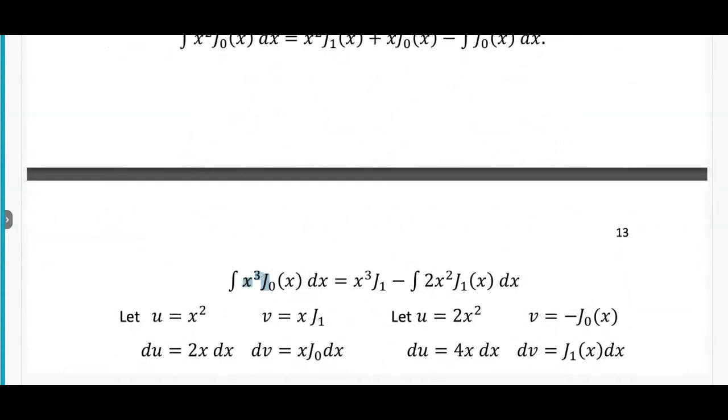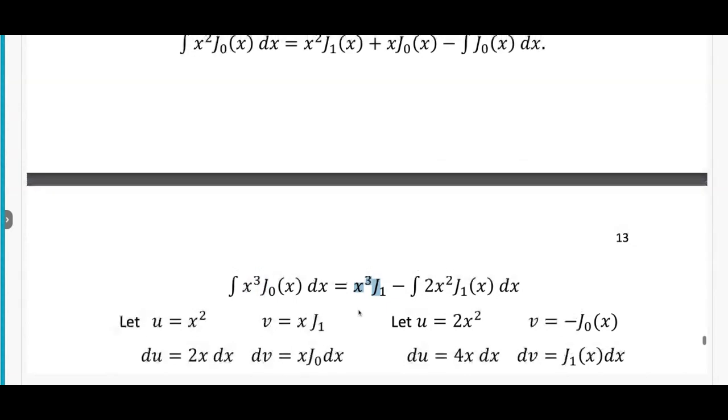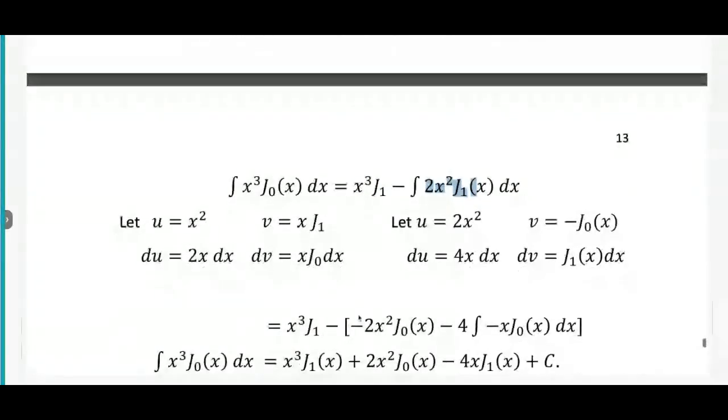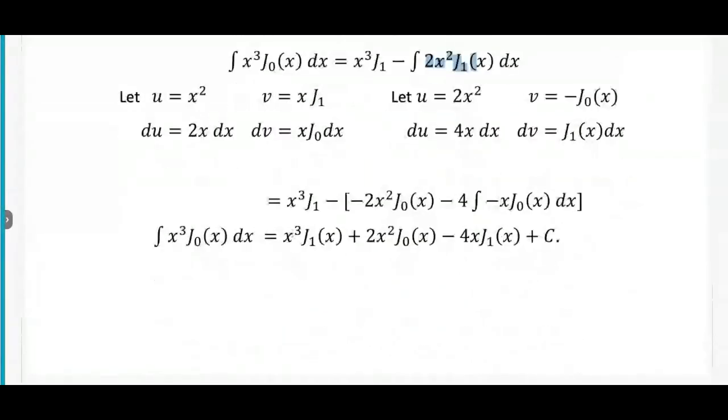For x cubed in the integrand, we get x cubed J1 minus the integration of 2x squared J1(x) dx. Same thing. In the end, after the calculation, we get x cubed J1(x) plus 2x squared J0(x) minus 4x J1(x) plus some constant.